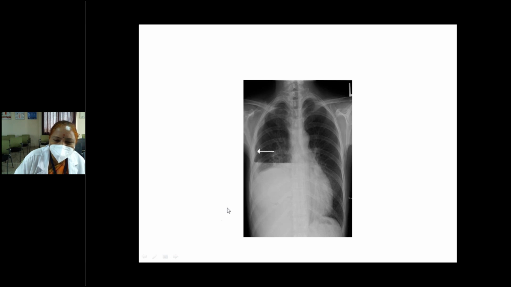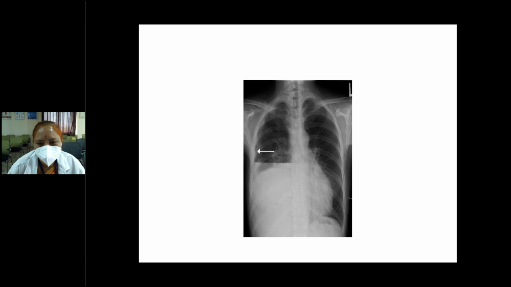75. Can you read this X-ray? Yes ma'am. Just try to read. Plain X-ray.